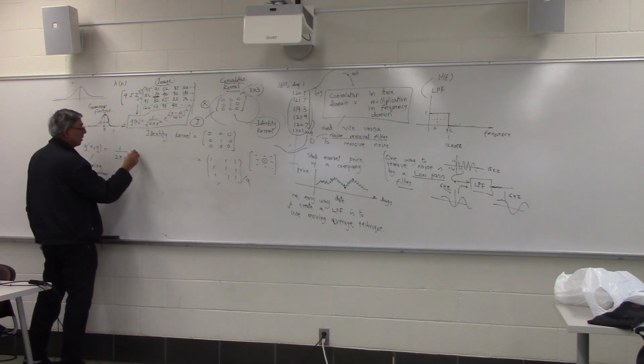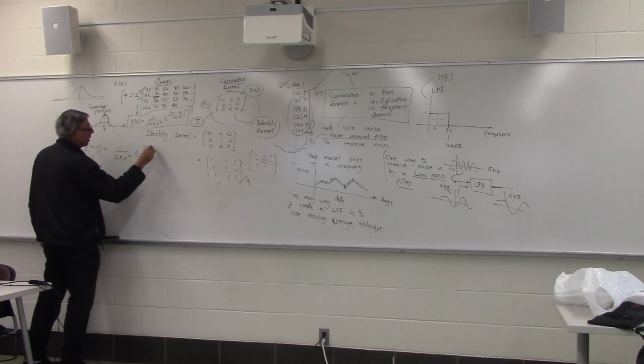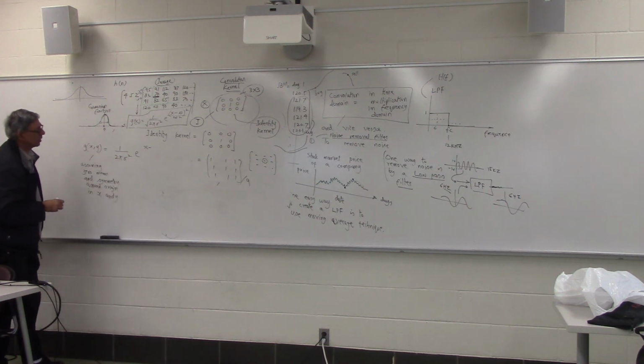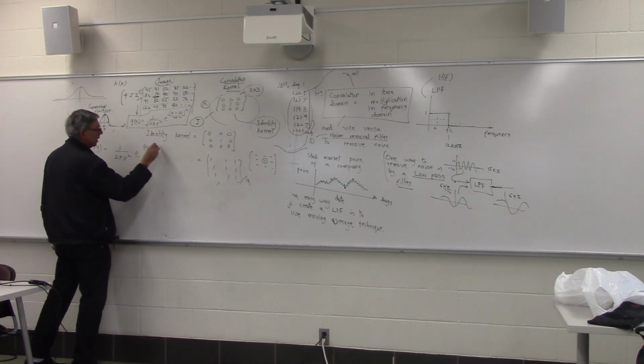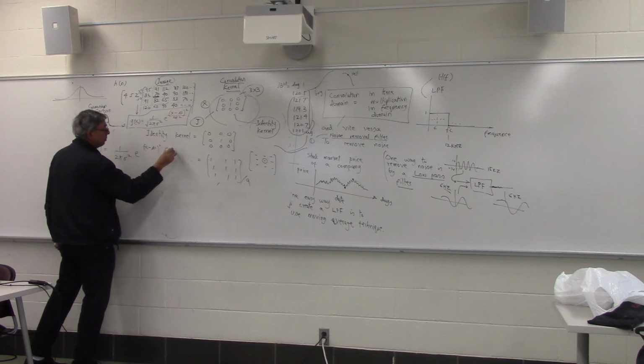Then this becomes e to the minus. Typically it would be (x minus mu) squared plus (y minus mu) squared, divided by 2 sigma squared.